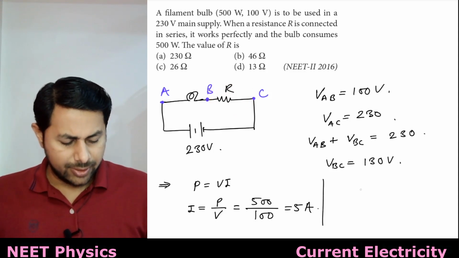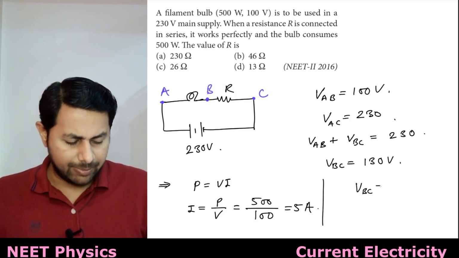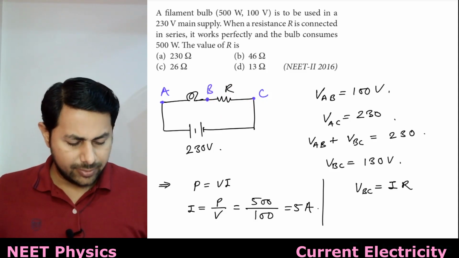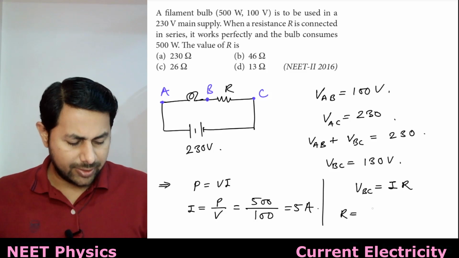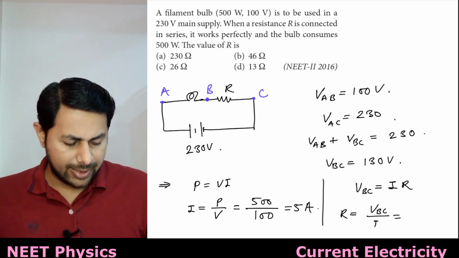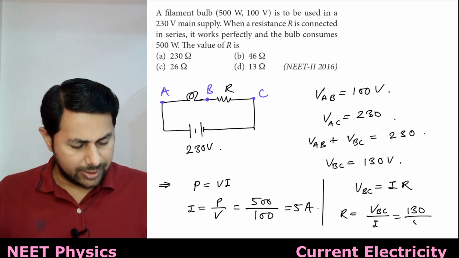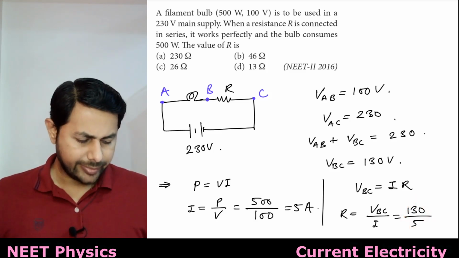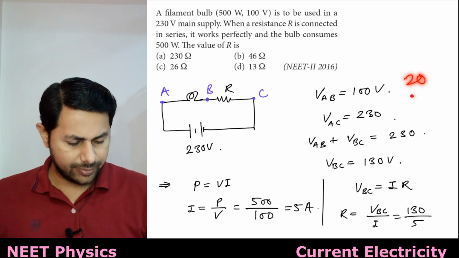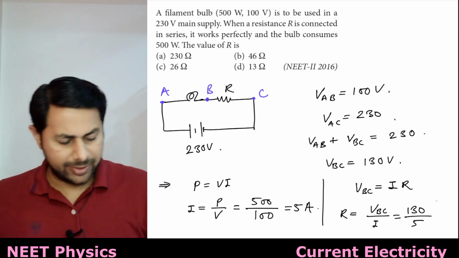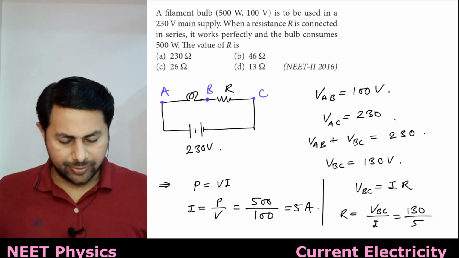So VBC can be written as the current multiplied by that resistance R, and therefore the resistance is VBC divided by I. VBC is 130, I is 5, so it's 130 divided by 5. So it is 26. So the answer is 26 ohms.